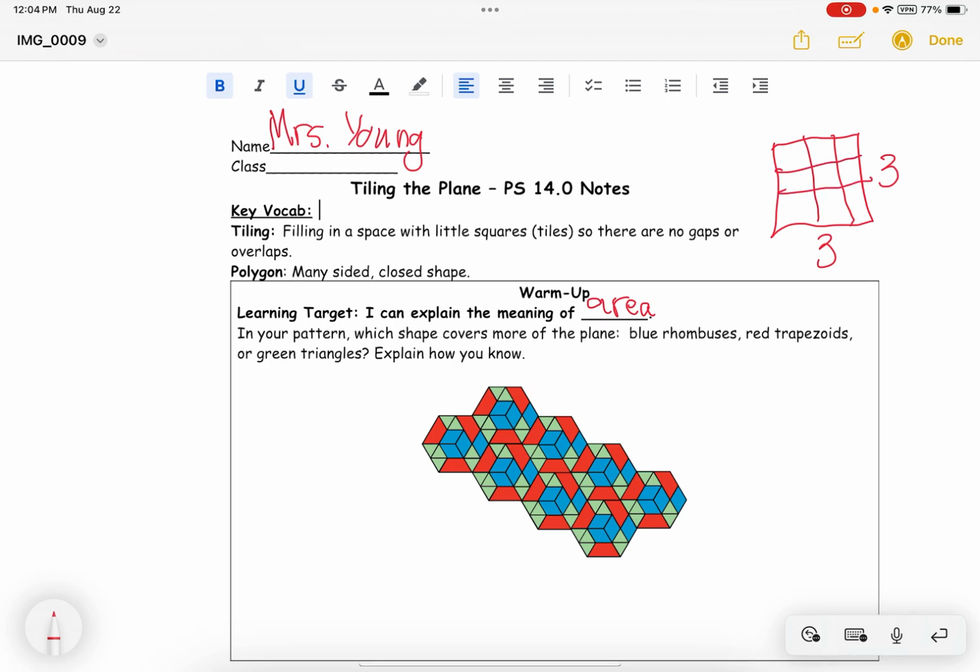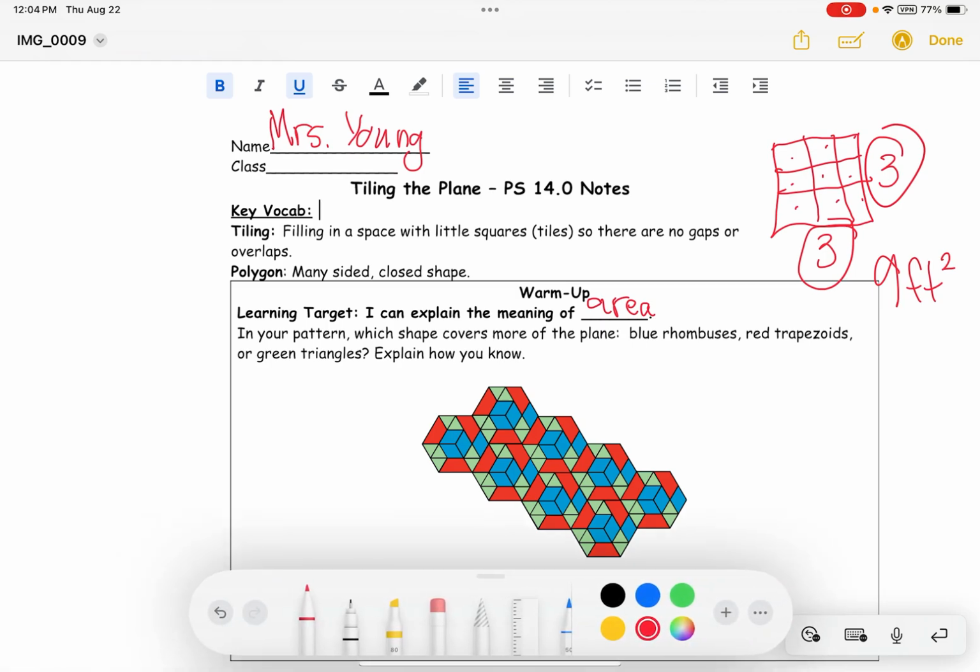If the area of a square that is 3 feet by 3 feet is 1, 2, 3, 4, 5, 6, 7, 8, 9, so the area would be 9 feet squared or square feet. One way we do it is just to multiply the base times the height. But we're going to go more into that. There's way more to it, but that's the idea of area. So I'm going to erase.